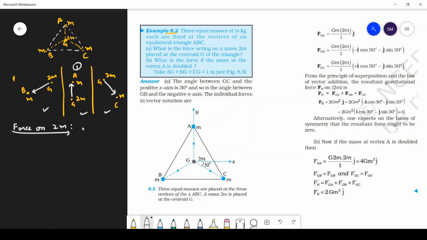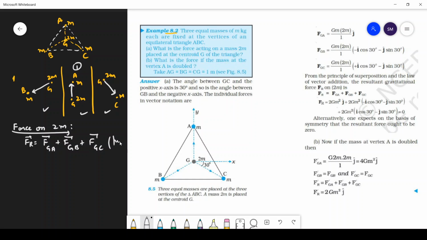So Fr is the resultant force, which equals the force at centroid due to A, force at centroid due to B, and force at centroid due to C. So force on 2m placed at centroid G: force at G due to the mass at A, force at G due to the mass at B, and force at G due to the mass at C. See, this is important.